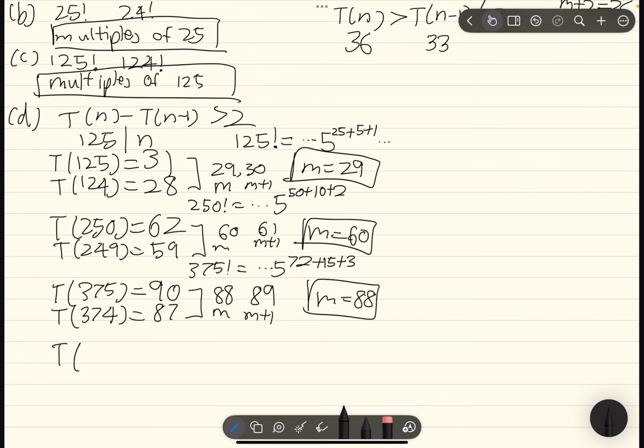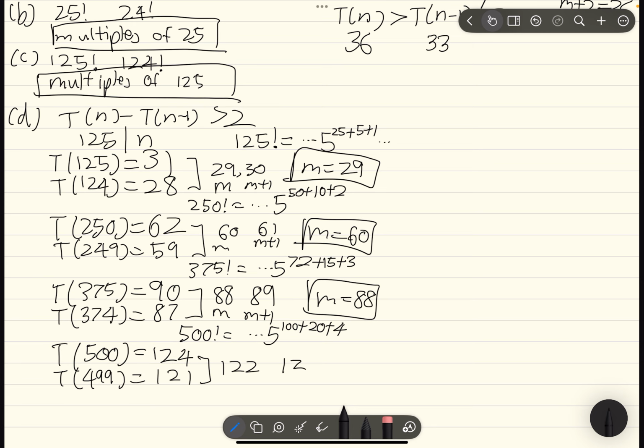Okay, and then we have T when it's 500. In this case then, 500 factorial has, how many multiples of 5 does 500 have, right? From 1 to 500, there are 100 multiples of 5. And then from 1 to 500, there are 20 multiples of 25. There are 4 multiples of 125, so that would be 124. T499 then would be 121. So we missed numbers 122 and 123.